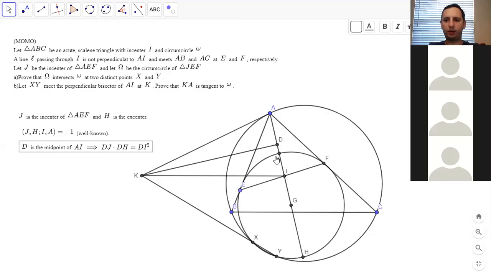So D has the same power with respect to the point circle I and this circle, so it lies on the radical axis. And then K, because it's perpendicular to DG, K also has to lie on that radical axis. And so, yeah.